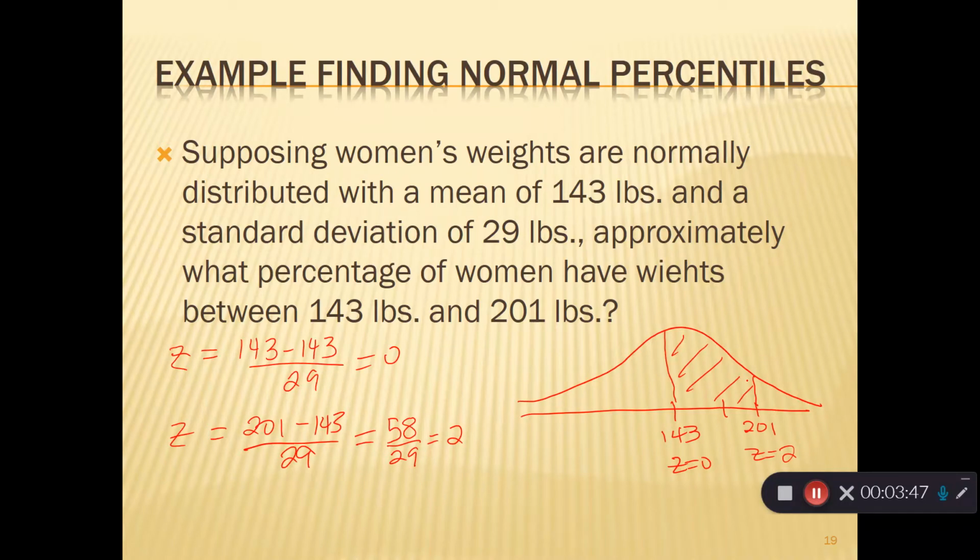Well, if you are good with your symmetry skills, then you know from what we discussed before that it should be 34% plus 13.5%, approximately. So that would be 47.5%-ish, but we're going to find it exactly on the table.